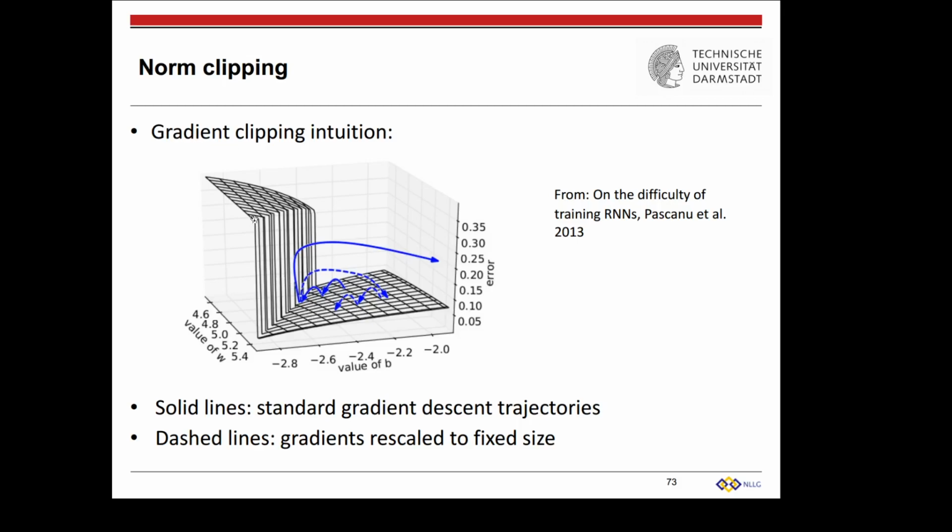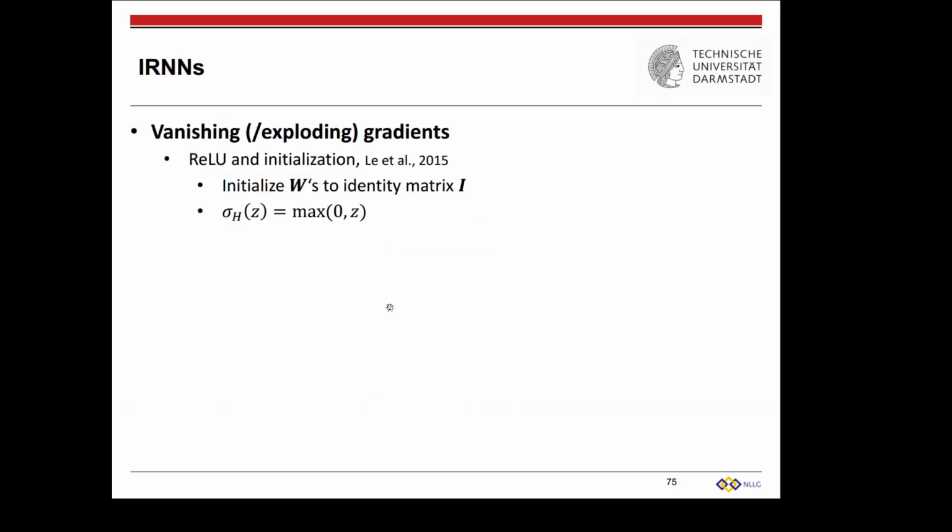Because here it's increasing, right? So we want to minimize, so we want to go down, and then if we go in the wrong direction, it tells us you should not go into this direction because here you're increasing the error, right? So it tells you go very far away from here. And if you're doing that, well, you go very far away, but if you do the clipping, maybe you only go a little bit, right? You don't go as far away as you would have otherwise.